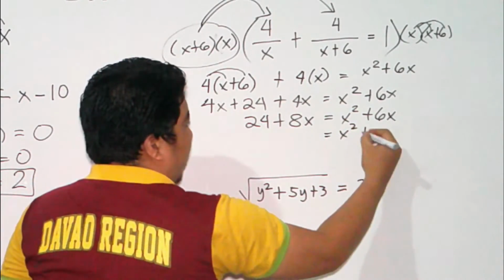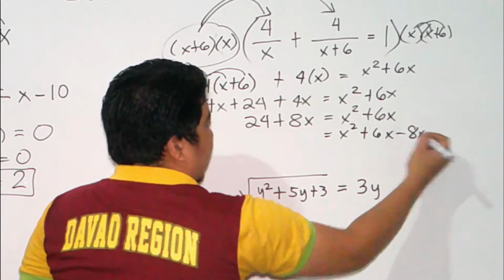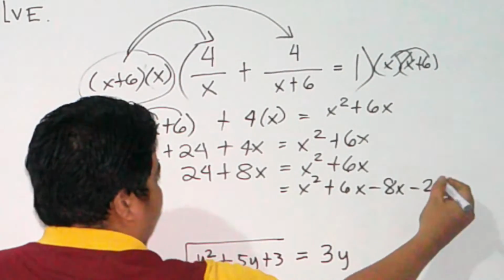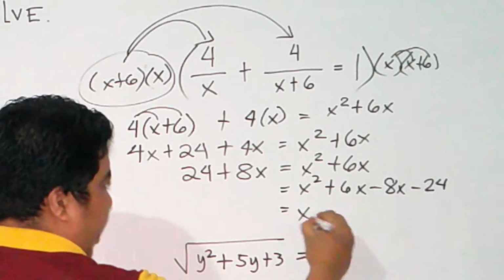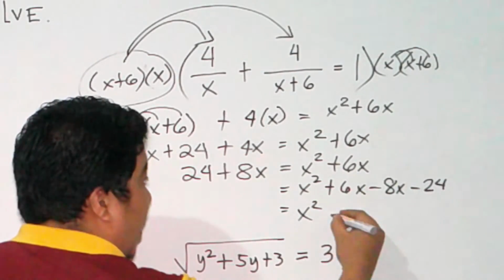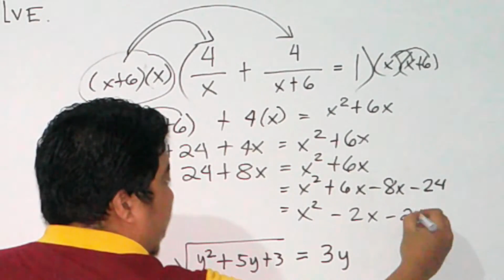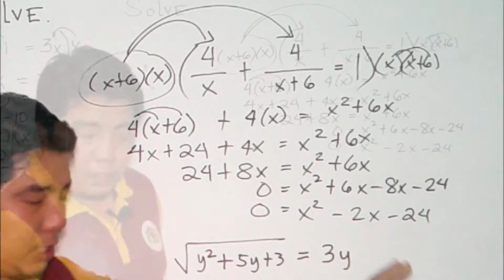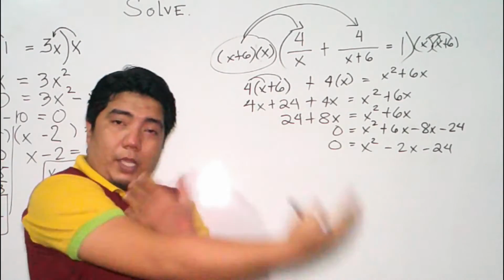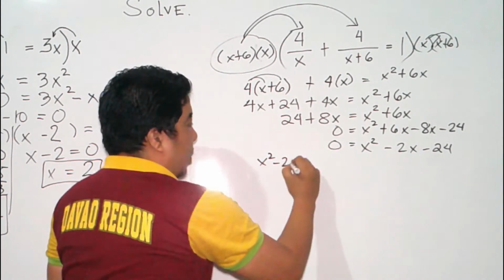So we have x squared plus 6x minus 8x minus 24. Now we can still simplify this one, giving us x squared minus 2x minus 24. That will be equal to 0. Okay, now let's just erase this one. Now let's just mirror our equation. That is the symmetric property.